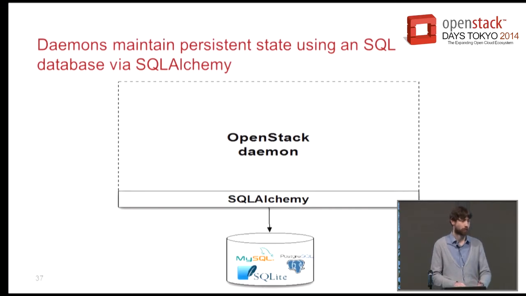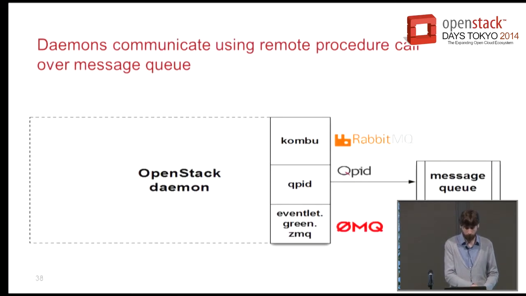SQLite is, of course, for testing, but some people prefer to use Postgres. And one of the things we'll look at during this presentation is the message queue. So if you're running Ubuntu, you'll have RabbitMQ. If you're running a Red Hat or CentOS-based system, you'll use Qpid. And you can also use ZeroMQ for your internal messaging service.